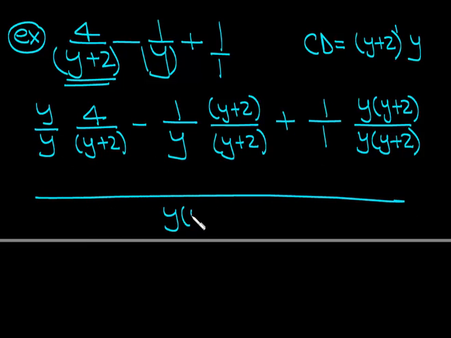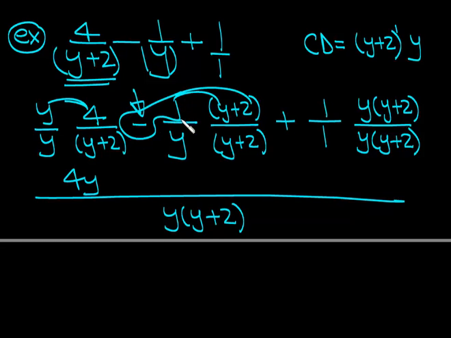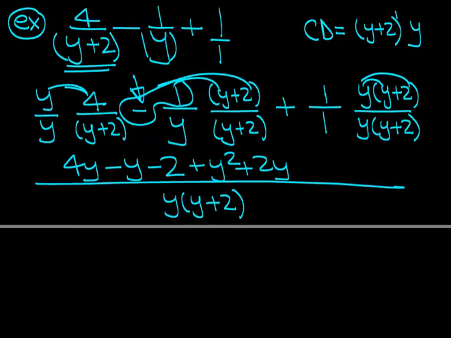So I'll just write them as 1. And I'll multiply these two, so I get 4y. I'll distribute the 1. Again, it's actually a negative 1, so don't forget those negatives. Minus y minus 2. And out here I'll distribute the y and multiply by 1, so you just get plus y squared plus 2y.